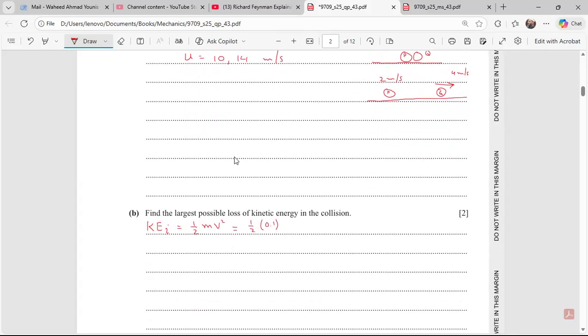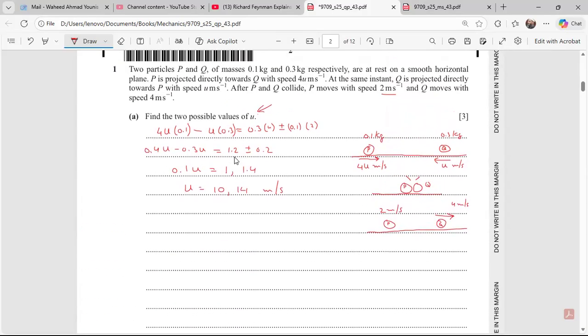I'm doing it first if u is 10. Then the initial kinetic energy is going to be 1/2 mv squared. The velocity of P was 4u. 4u means 40, right? u is 10, so 4u is 40.